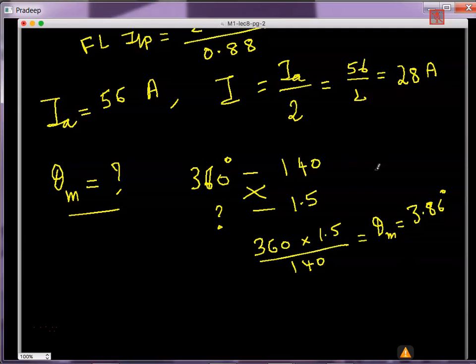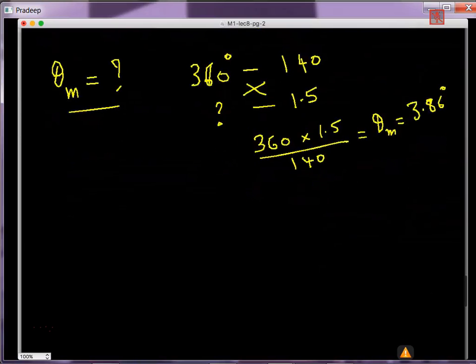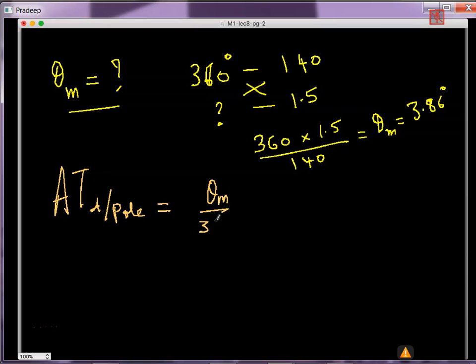Now I have all the things available, so I can directly go for the final formula. Ampere turns causing demagnetization per pole is nothing but theta m by 360 multiplied by Zi.